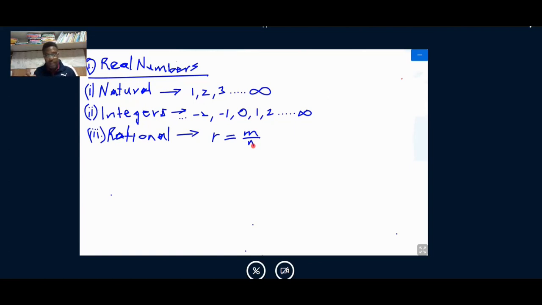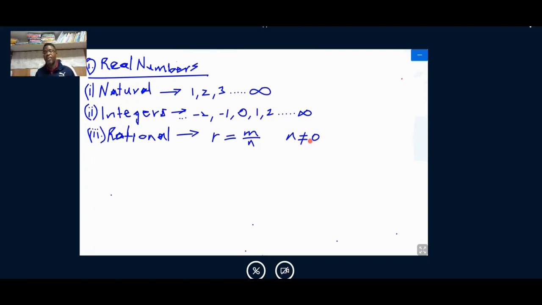But N must never be 0. Let me put this condition here. N must never be 0.